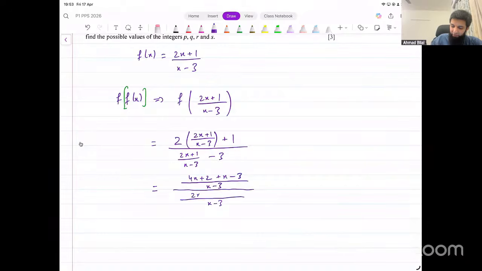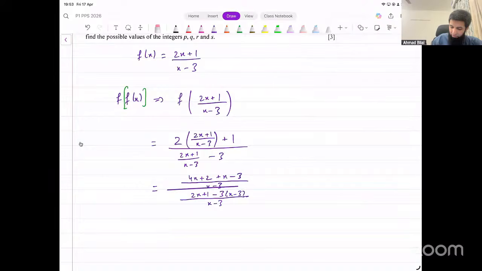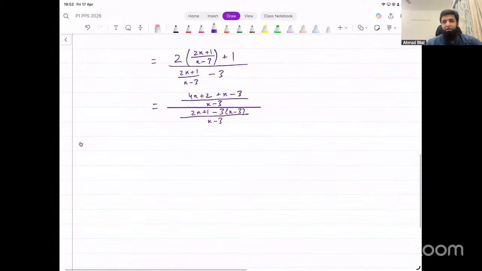And we are left with 2x plus 1 minus 3 into x minus 3. Again, if this confuses you, write it separately, but make sure that you're not making any careless mistakes there. Now you see x minus 3 is the denominator both above and below, so that gets cancelled.